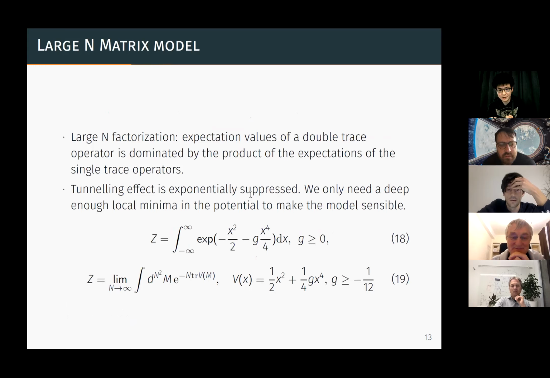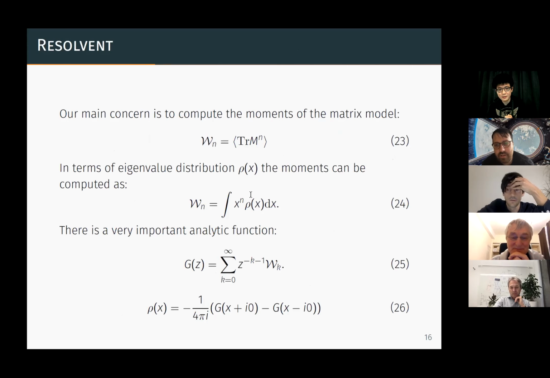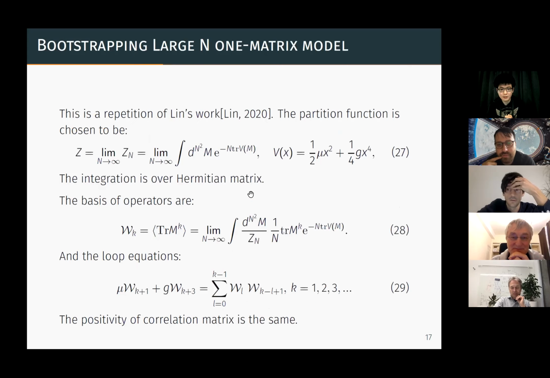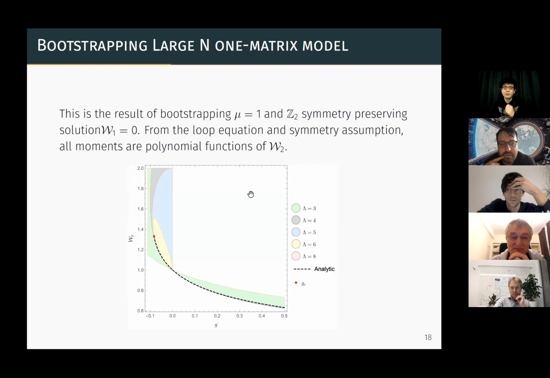There is still a minimum around 0, and it can tunnel outside, but this is suppressed. So there is a critical value: when the local minimum is not deep enough, it can still tunnel off. And it appears to be unstable already for negative G's. You have an unstable potential decaying at infinity, but the eigenvalues never go to infinity because they are squeezed in this local minimum.